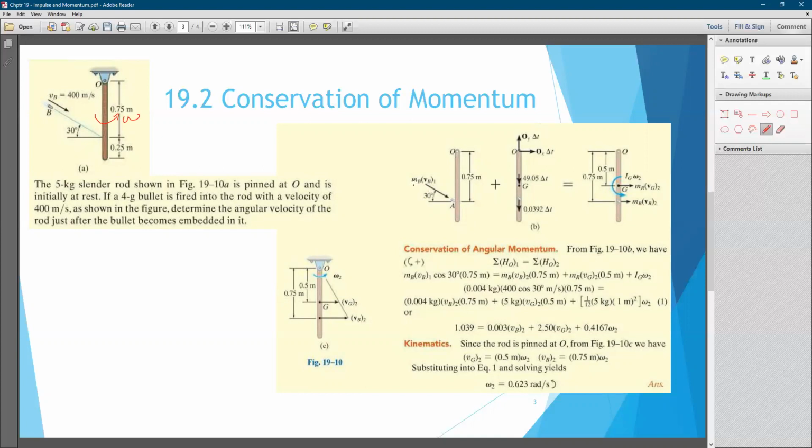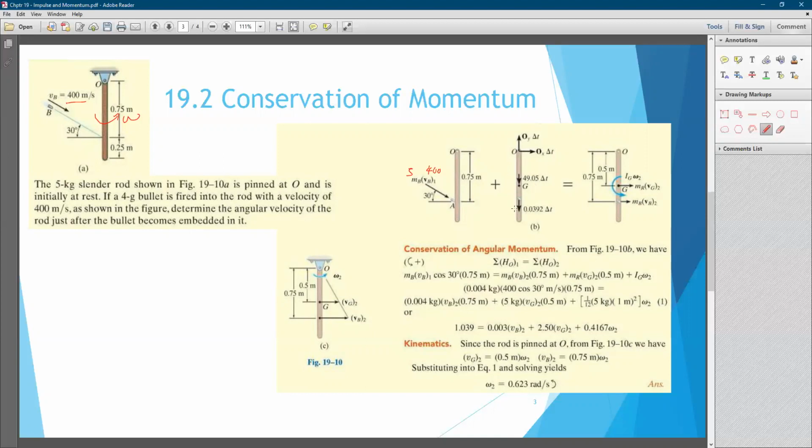MB is given as 5 kg and VB is given as 400 meters per second. This is just right before the impact. Then we can see another part here, when the bullet sticks in this particular rod.